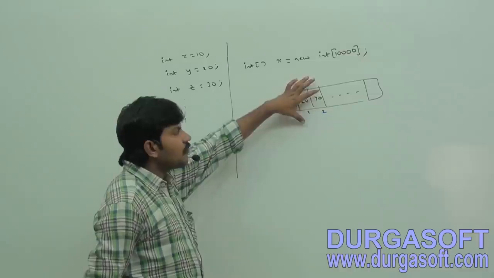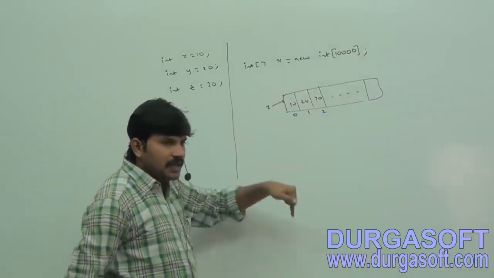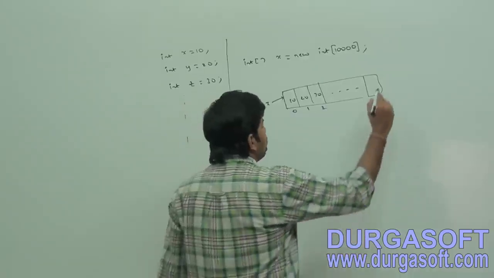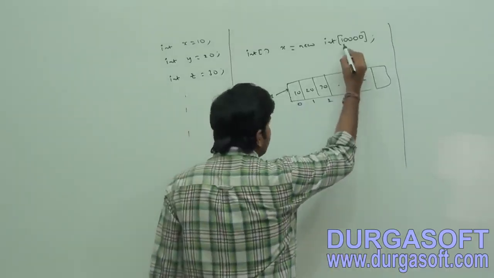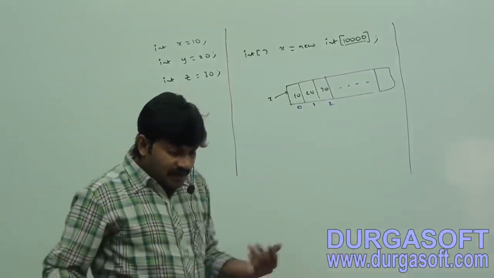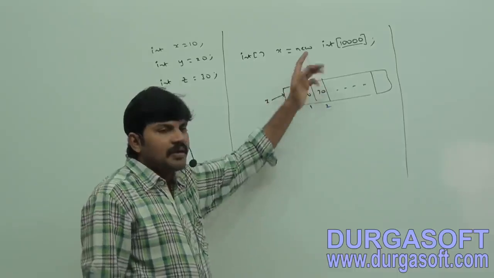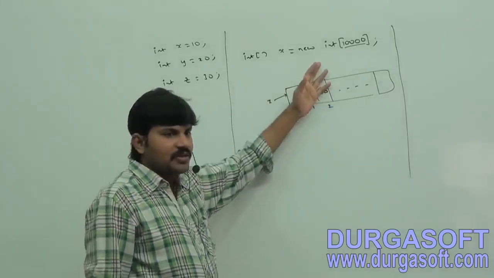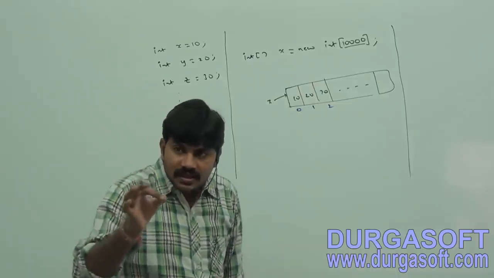What are the various limitations of arrays? Best example: I created an array with 10,000 size, but at runtime 10,001 elements came. Your array is not in a position to provide space, because arrays are fixed in size.